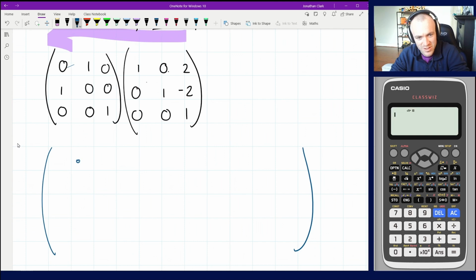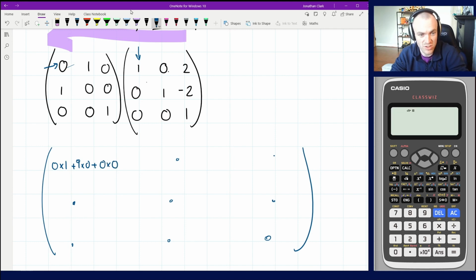So if I wanted, for example, the top left element of the matrix, I would need to take the top row and the left column. What I'm going to be doing here is 0 times 1, 0, 1 times 0, 0 times. That's going to be my calculation going through it. So it's 1, 0.